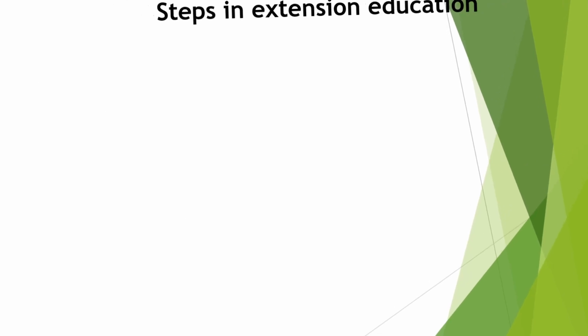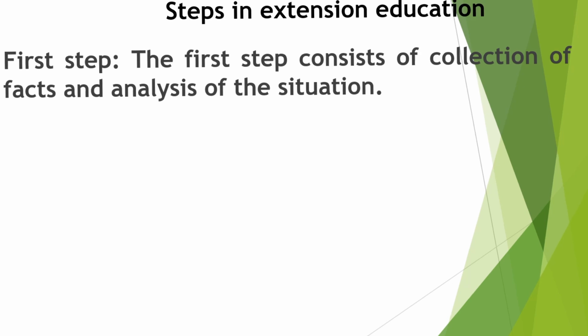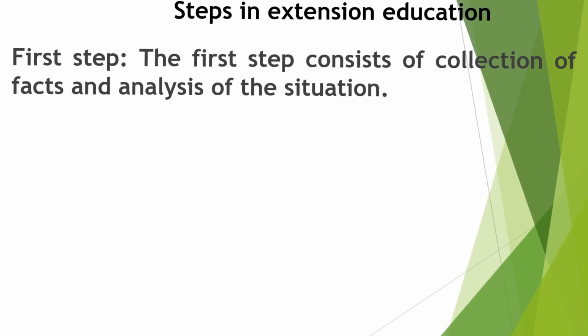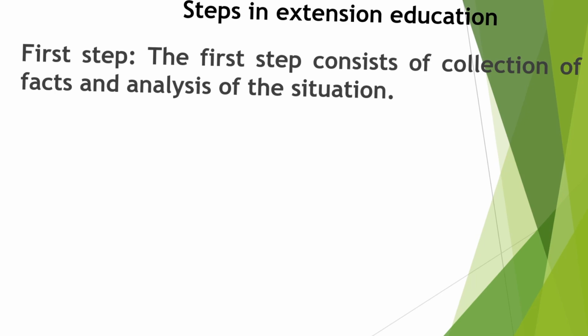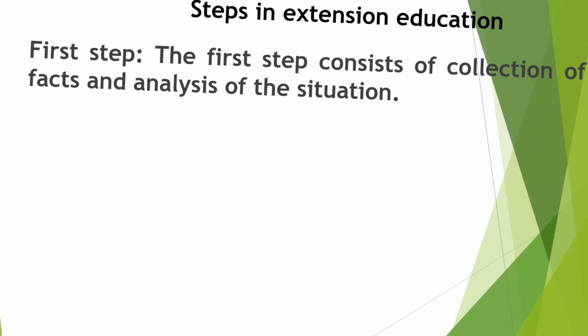The first step that we want to look at in extension education is the step which speaks of collection of facts and analysis of the situation. This is very important. You don't educate out of ignorance, but you educate the ignorant.